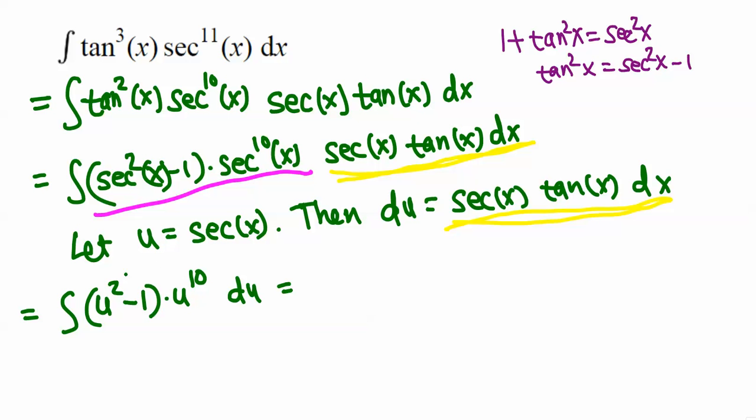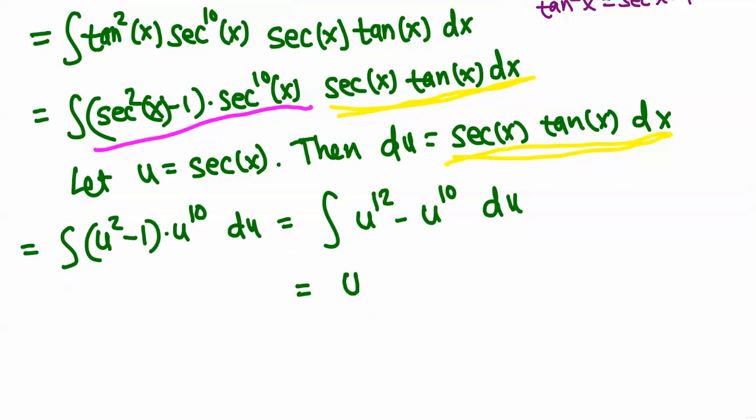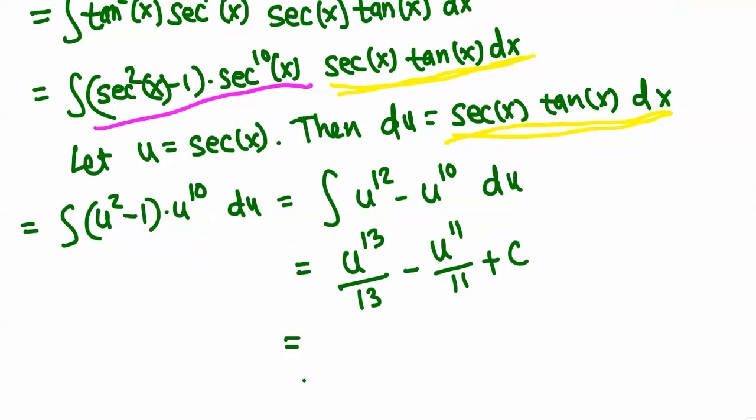Now we need to distribute: u^10 times u squared is u^12, minus u^10, du. Now integrate using the power rule. The antiderivative of u^12 is u^13 over 13, minus u^11 over 11, plus C. Back substitute the value of u, and we have the answer.